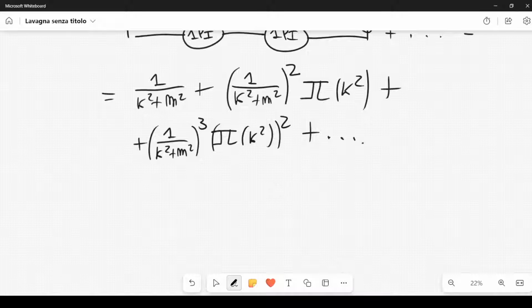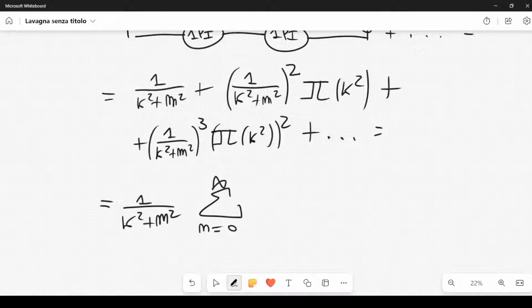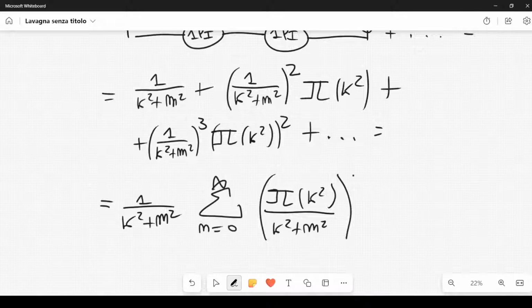Now you can rewrite this in the following manner. You can factor out 1 over k squared plus m squared, and then you can write a series of terms, a sum over n from 0 to infinity, of capital Pi of k squared divided by k squared plus m squared, raised to the power n, right? It's exactly coincident with that series of terms.